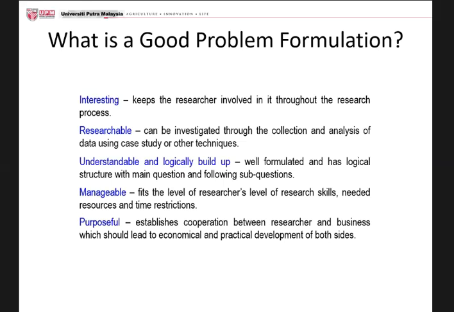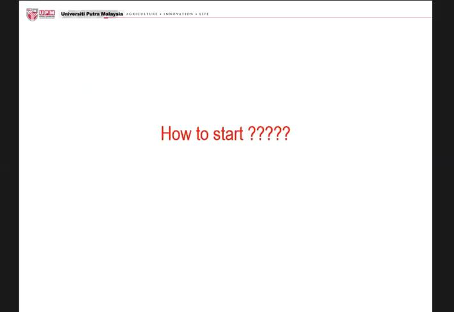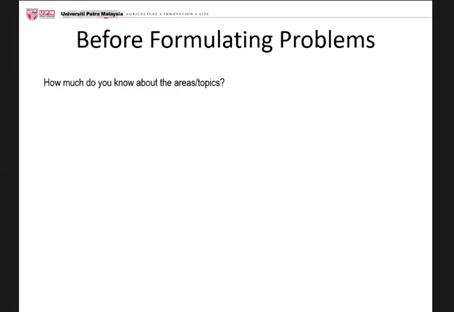So how to start? I've given you some information about good problem formulation. So how to start? The question first is how much do you know about the area of the topic?